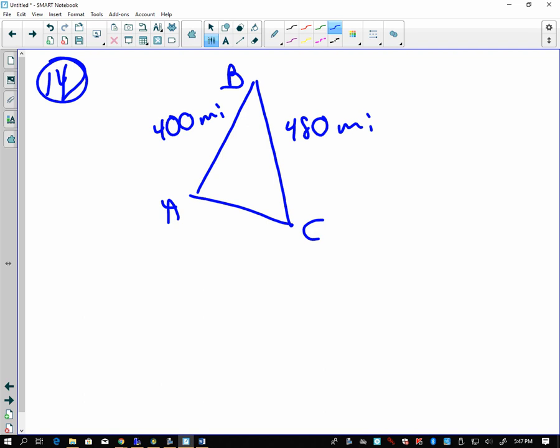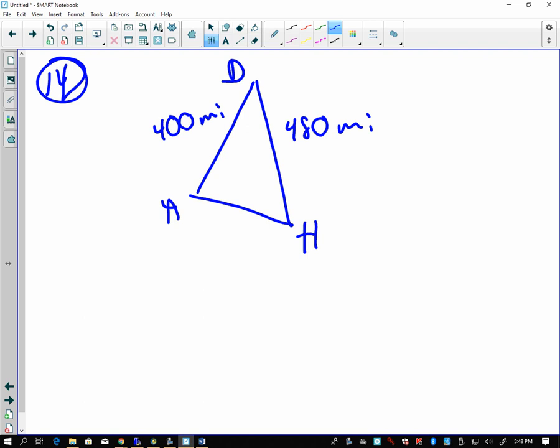The diagram shows the approximate distances from Houston. We have Austin, and we need D and H, so I need to change this a little bit. These are the approximate distances from Houston to Dallas and from Austin to Dallas. What is the range of distances from Austin to Houston?